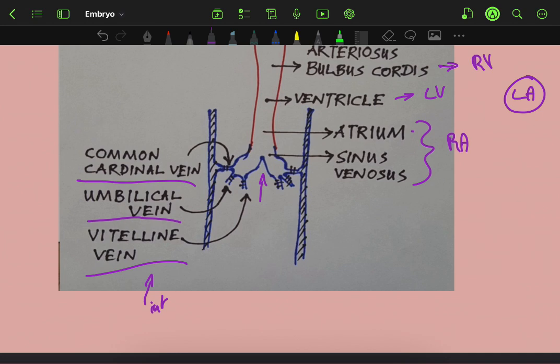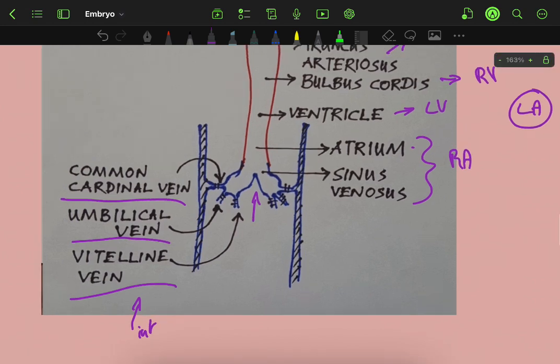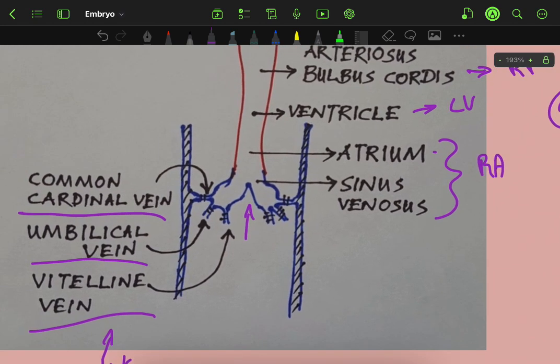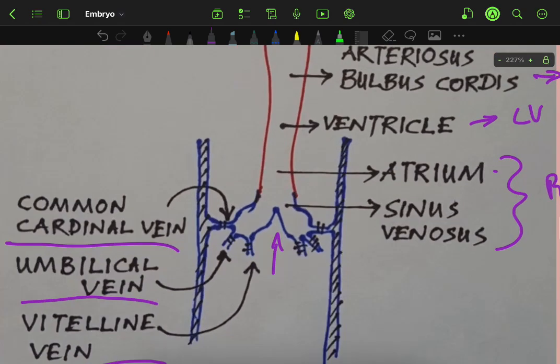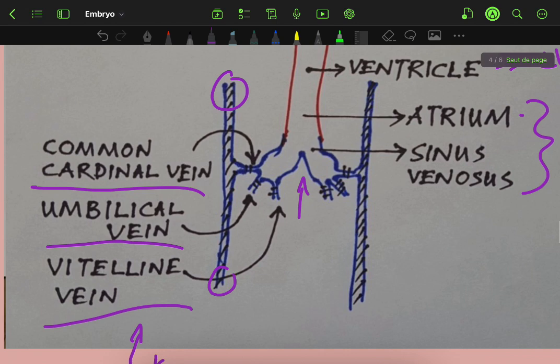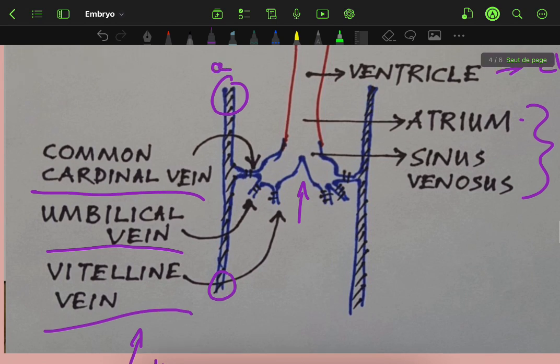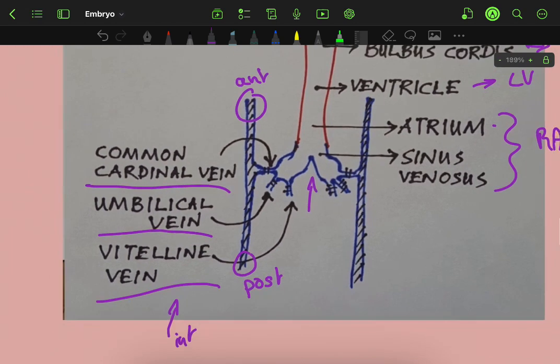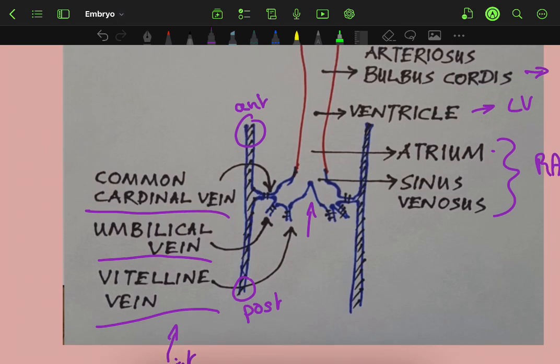So let's start with the common cardinal vein. As you can see, in this common cardinal vein, we have an anterior part and a posterior part. From each one of these, we will be getting one vein, and these are the main veins that we have in our body.